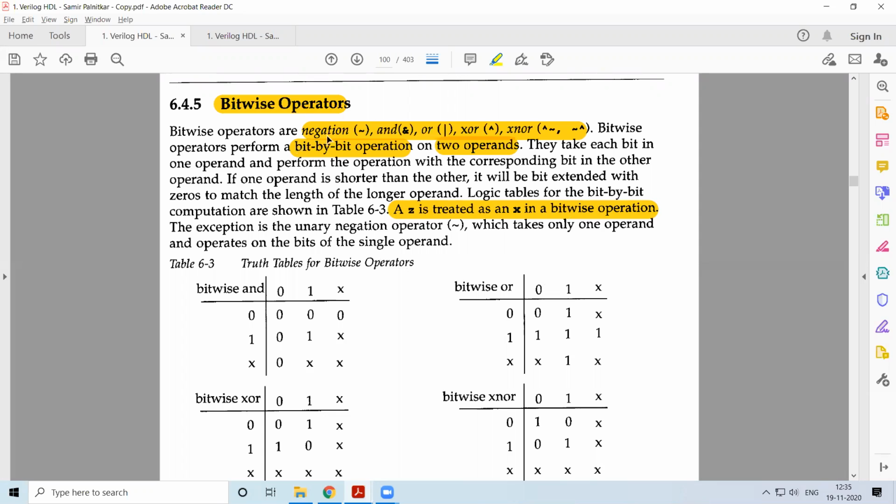Negation is the only operator which uses only one operand, whereas the others require two operands.